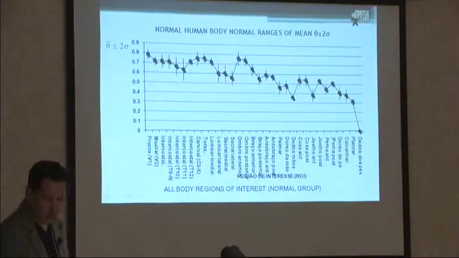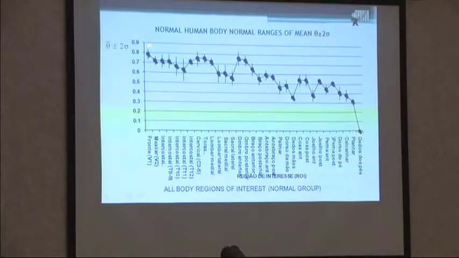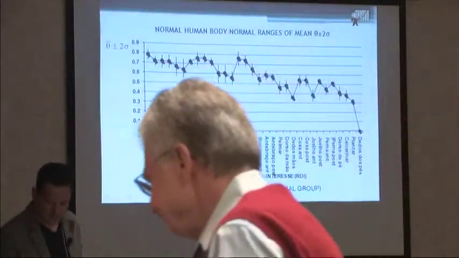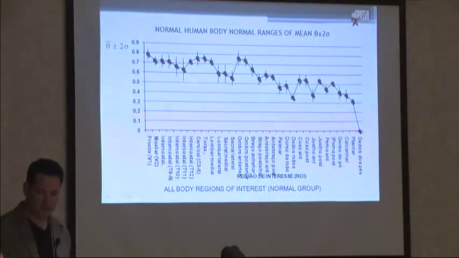So the results for the normal patients: we have a 0.8 dimensional temperature for the forehead, until almost 0 for the toes. So you have a hot temperature in the center and colder in the extremities.